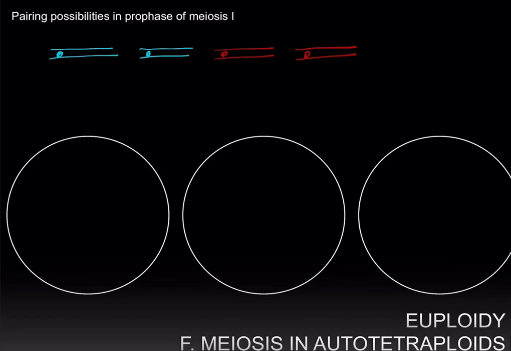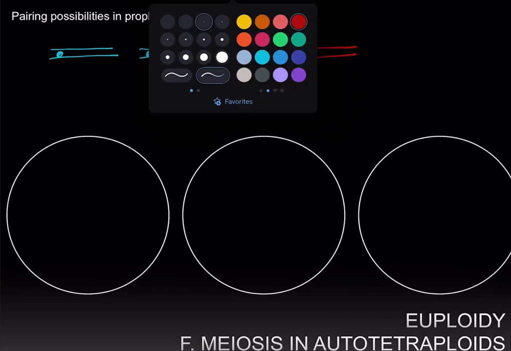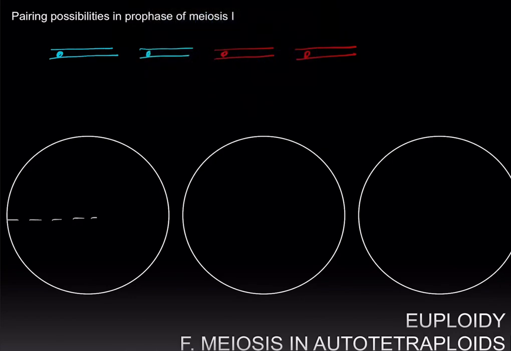Now, when we think about how these might pair during prophase, there are 3 possibilities. The first one is that we could just have 2 bivalents.